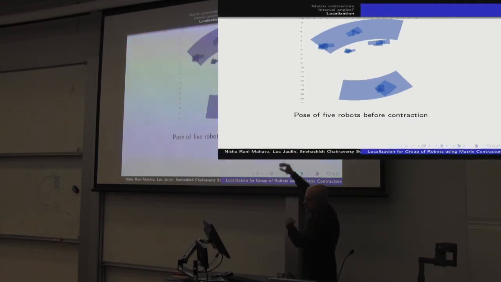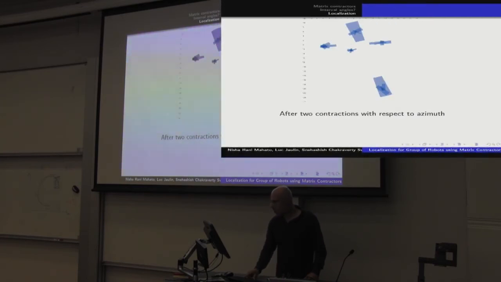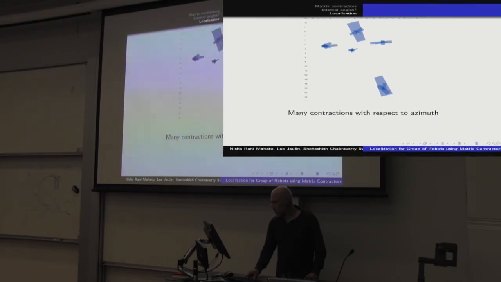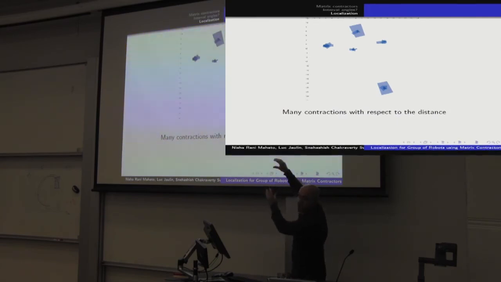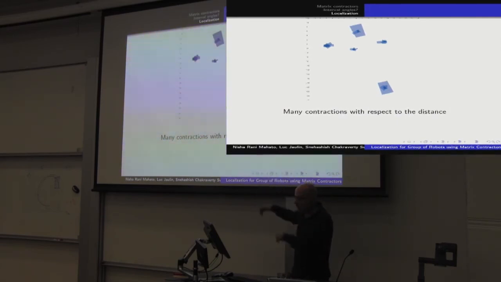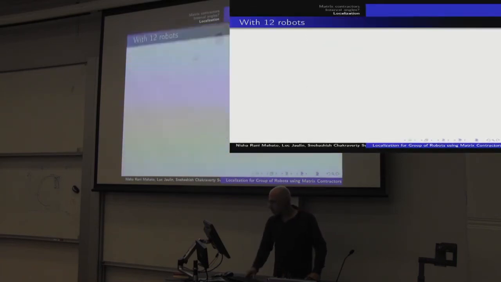You get a view of what happened. And this is one contraction with respect to azimuth, and we go up to the fixed point. And then when we do the distance, we also have a better approximation because we go up to the fixed point. Then we come back to the azimuth and so on.